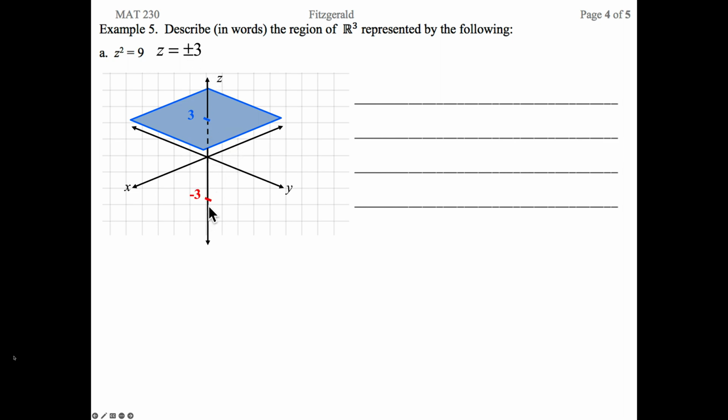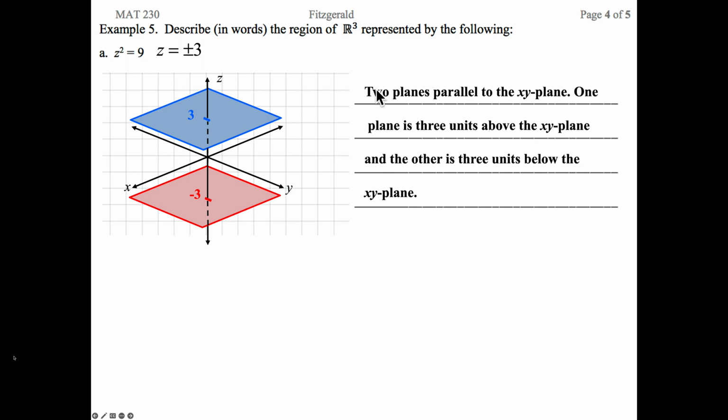Go down 3 on the z-axis. Make another plane parallel to the xy axes. So to describe that, you can say I have two planes parallel to the xy plane. One is 3 units above the xy plane, and the other is 3 units below the xy plane.